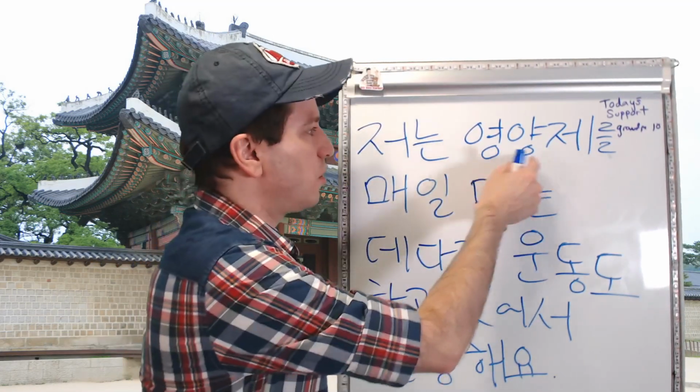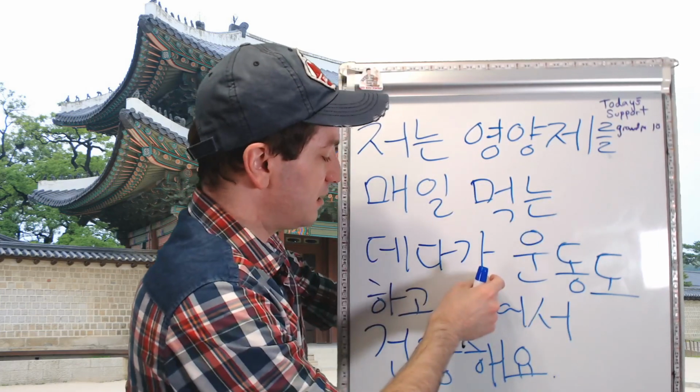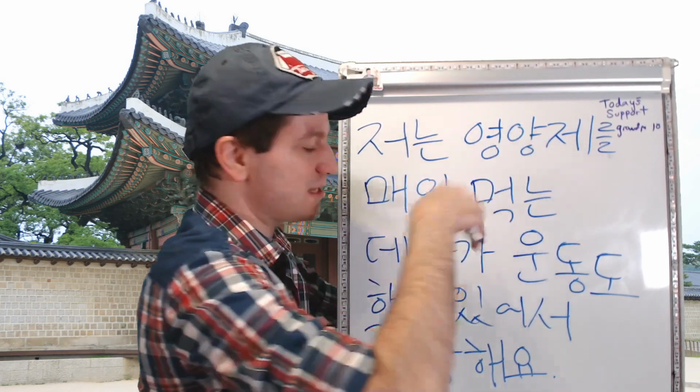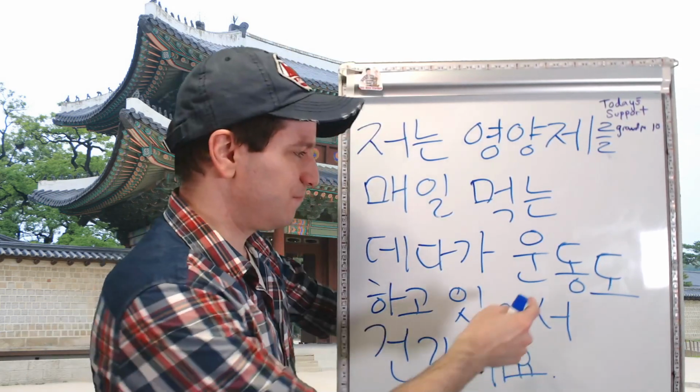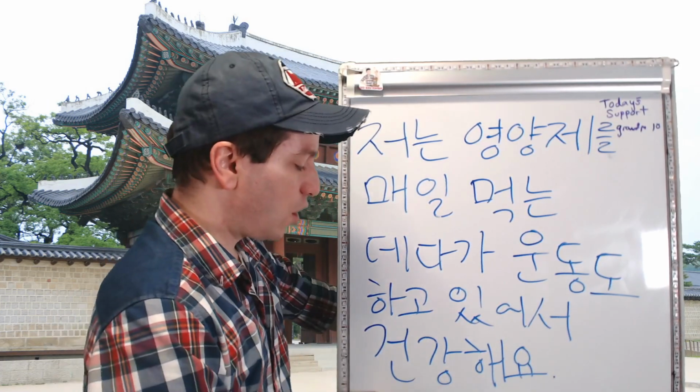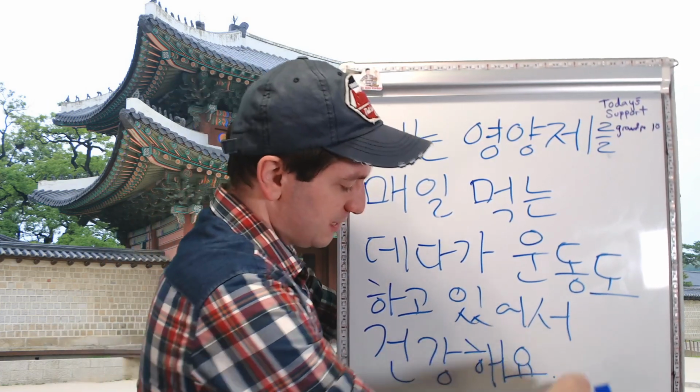저는 I, 영양제를 매일 먹는 데다가 on top of taking or eating everyday supplements, on top of that, in addition to that, 운동도 하고 있어서, so I'm also exercising, 건강해요. So because of that, I am healthy.